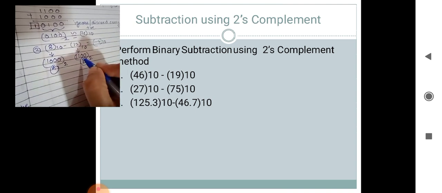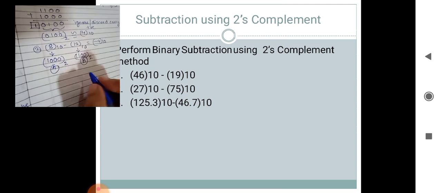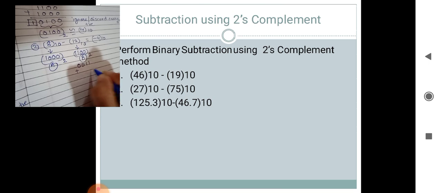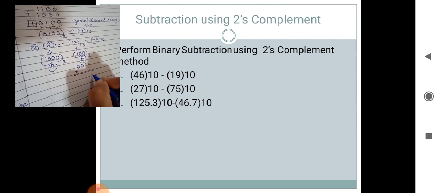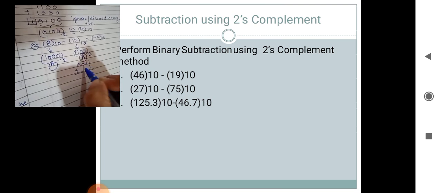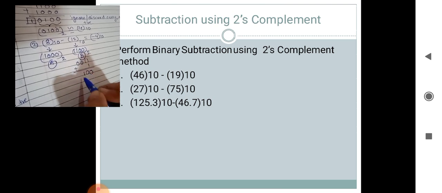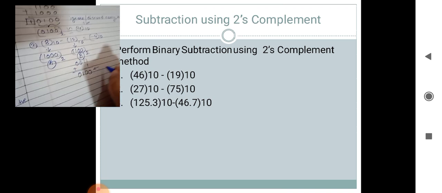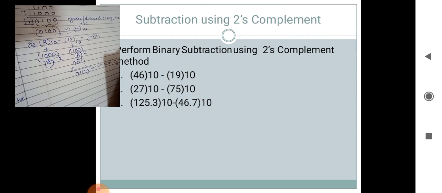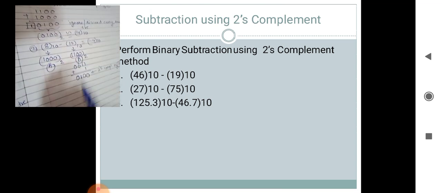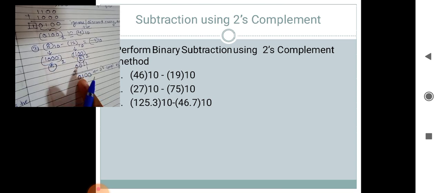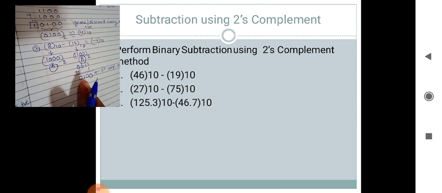We have to find the 2's complement of this number. First we'll write the 1's complement, then we'll add 1 to it. 1 plus 1 is 0 carry 1, 1 plus 1 sum 0 carry 1, 1 plus 0 sum 1, and this 0 as it is. So this is the 2's complement of B, that means this is the binary of 12 and this is the 2's complement of 12.